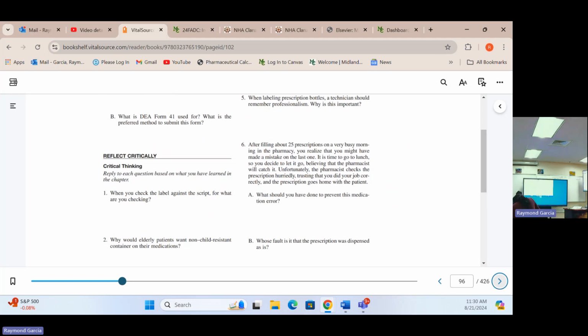So you always want to at least double or triple check your work: the original script, the label, and the right drug, making sure that the NDC number on the label is matching the bottle.